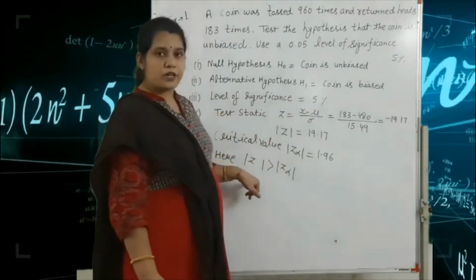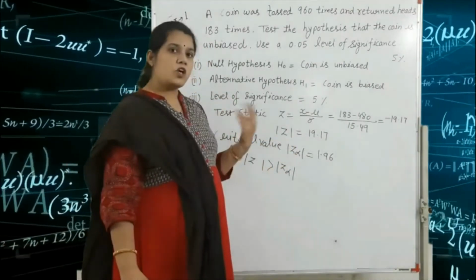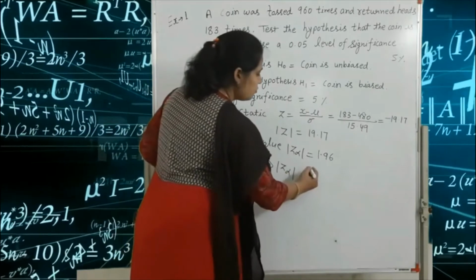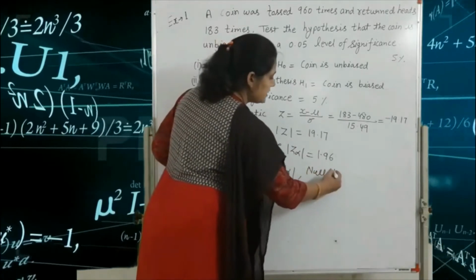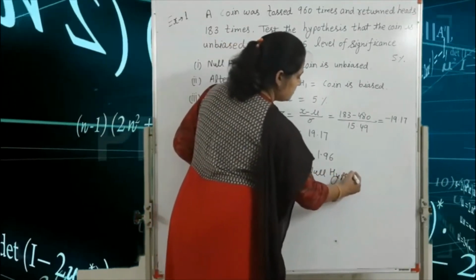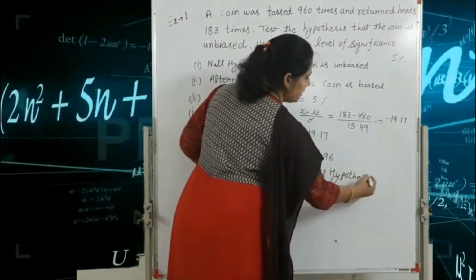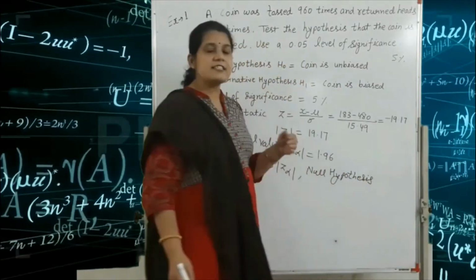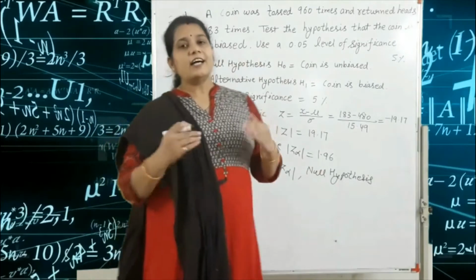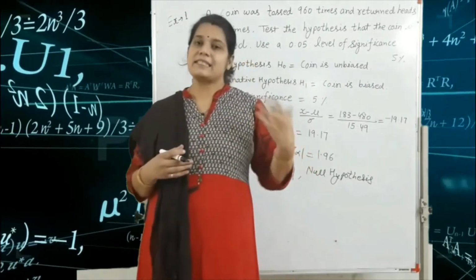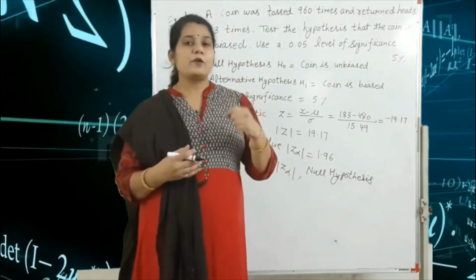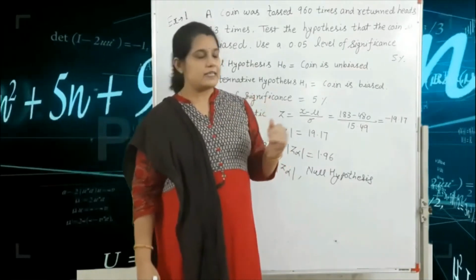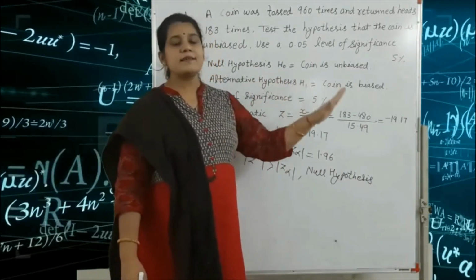So here mod of z is greater than mod of z alpha, therefore the null hypothesis is rejected and the alternative hypothesis is accepted. So our conclusion is what? Conclusion is coin is biased.